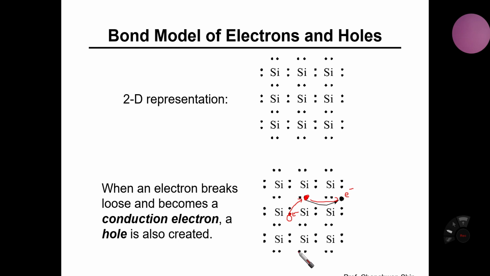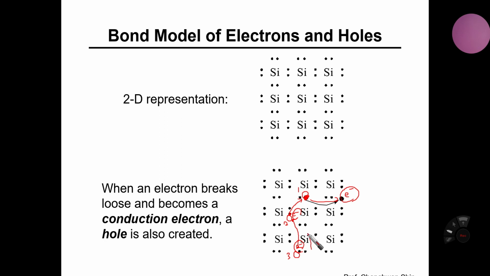And now this electron would like to take this hole site. Then a hole is created here. Can you see how the hole is moving? Now the very first electron is created, and a second one, a third one. And the holes are created in this sequence: first, second, third.